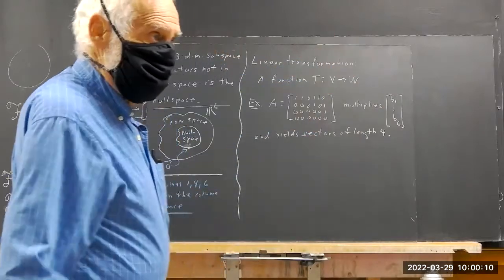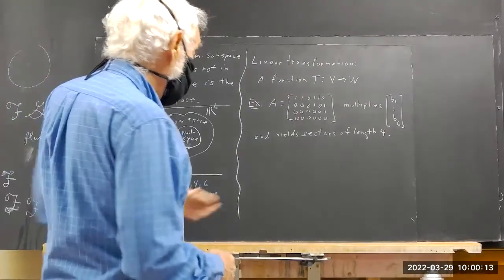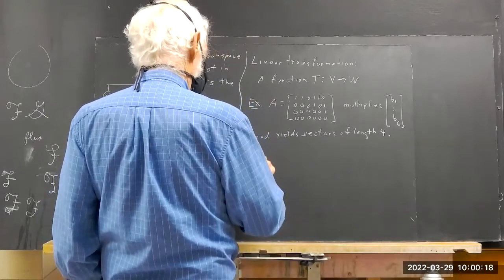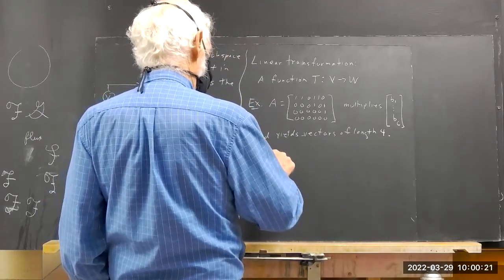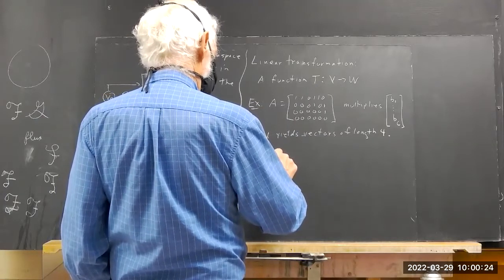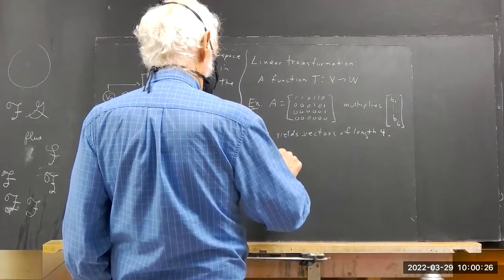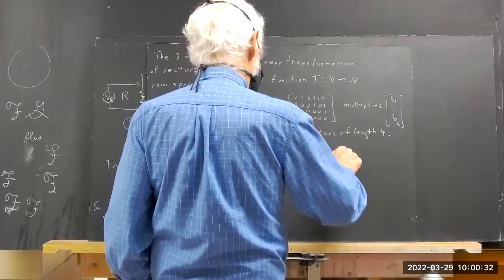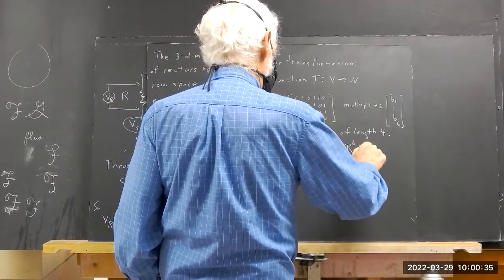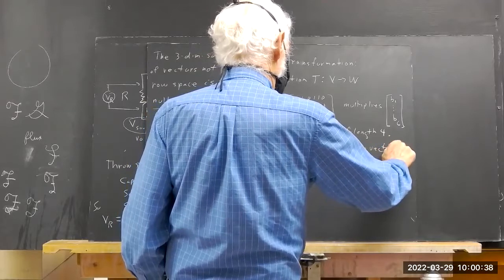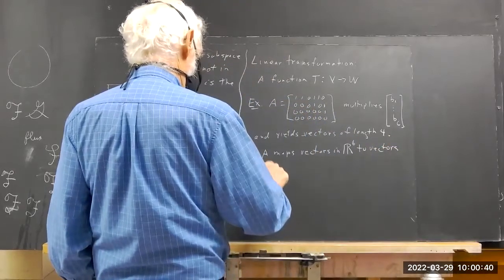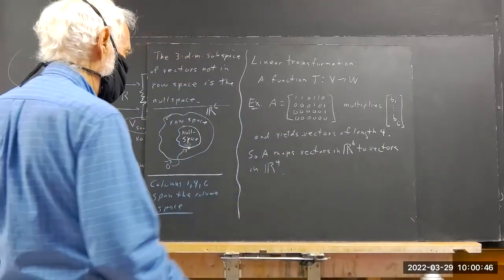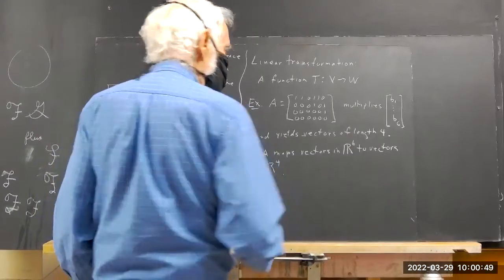Well, you know matrix multiplication since the first day practically. Okay, so that yields vectors of length 4. It maps vectors from R6 into R4.